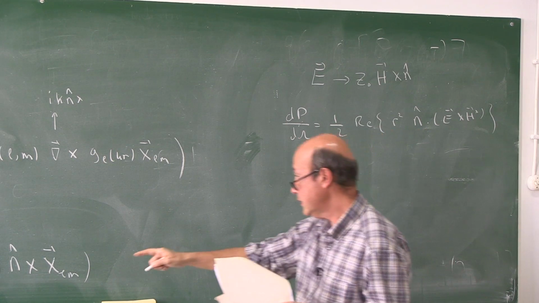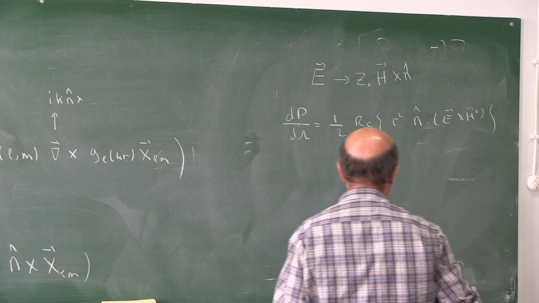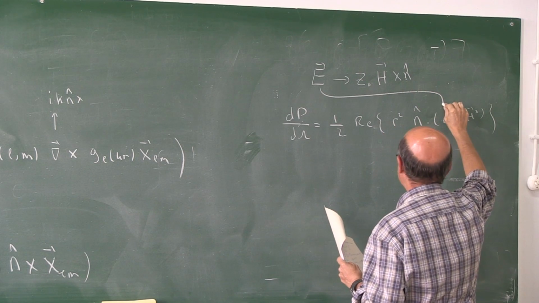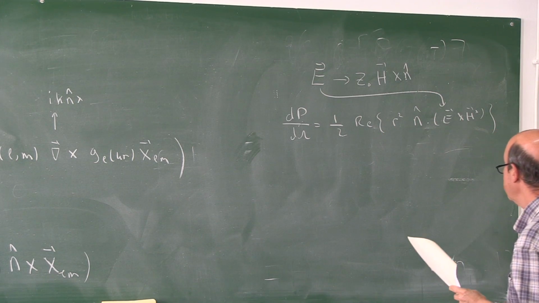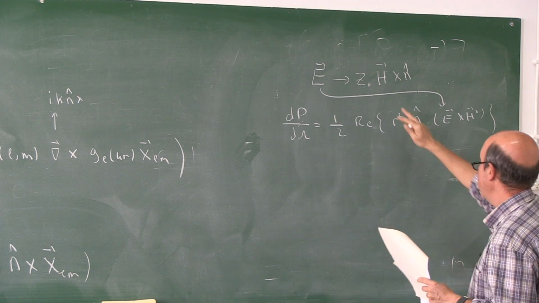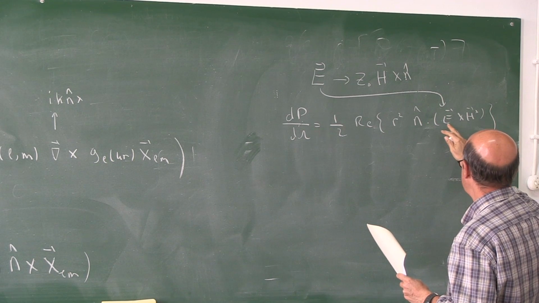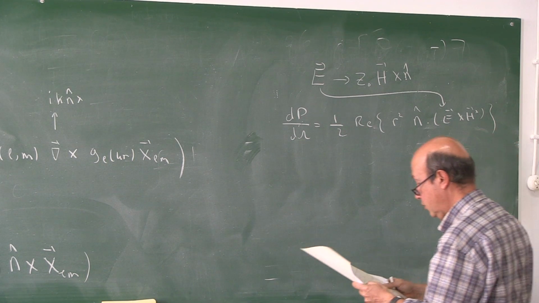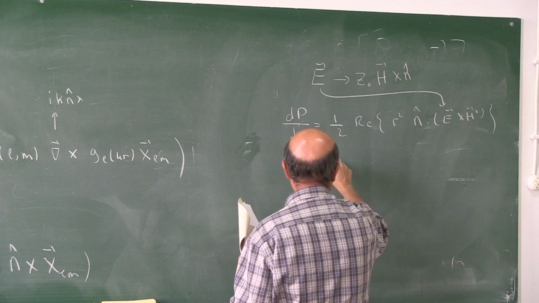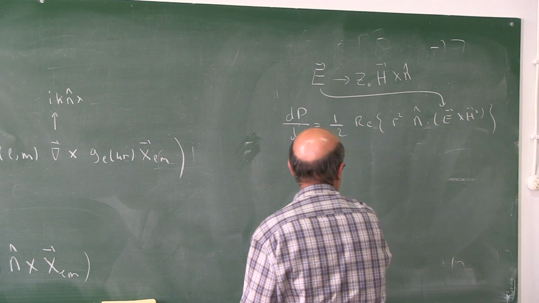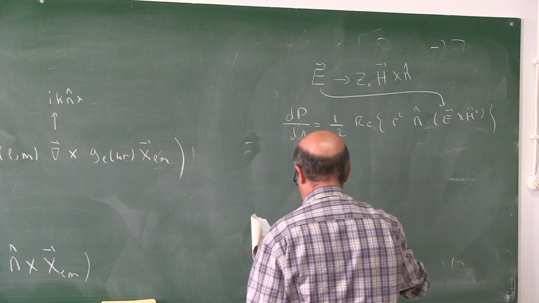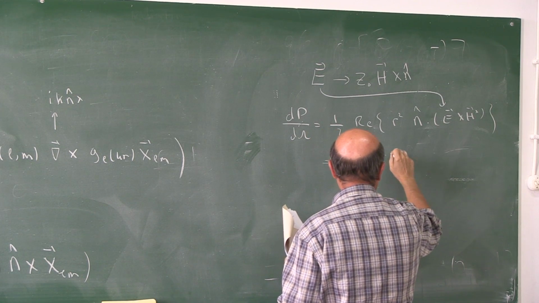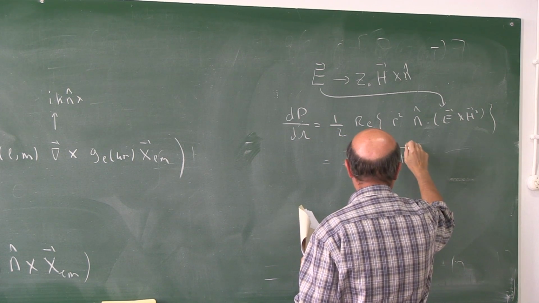Before plugging in, if you substitute this information you will have H cross H, and using the double cross product rule you are going to obtain Z0 over 2 r squared H squared.